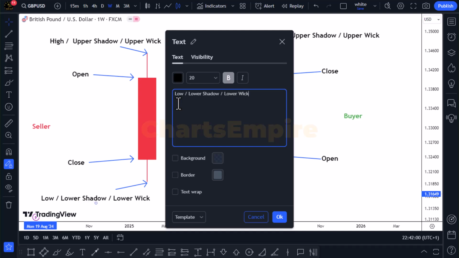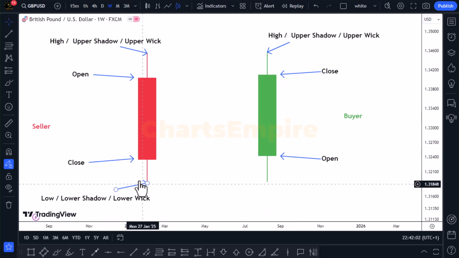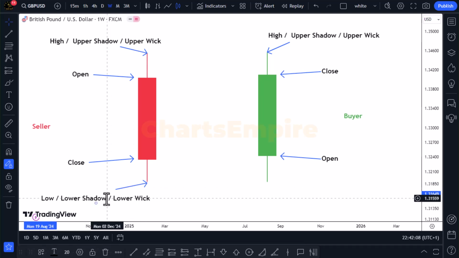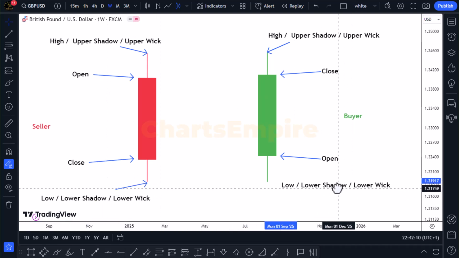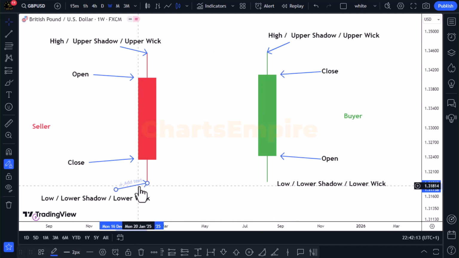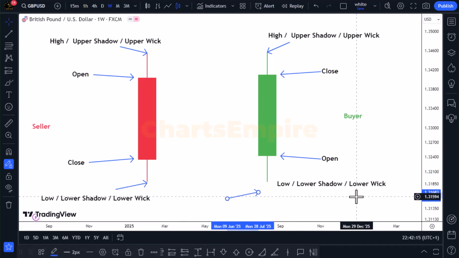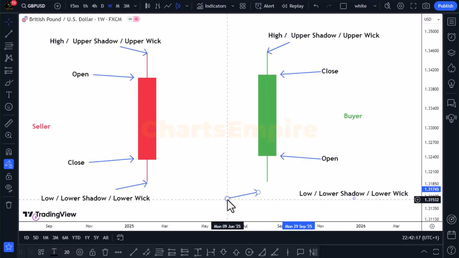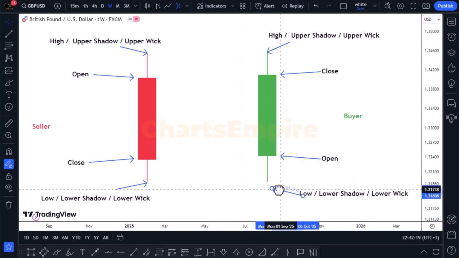This means this is the lowest zone reached by the price. Now let me explain what happened at this lower level. You can add this on the bullish candlestick as well, so here we have the low.